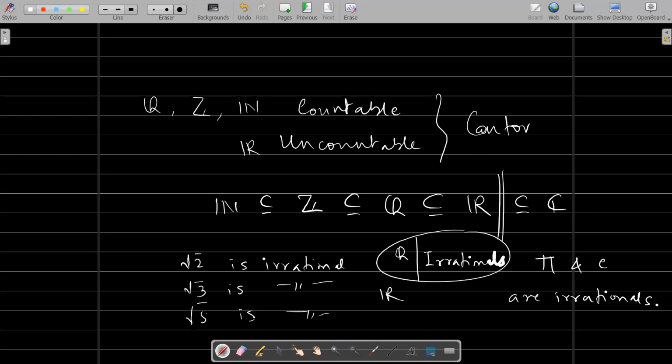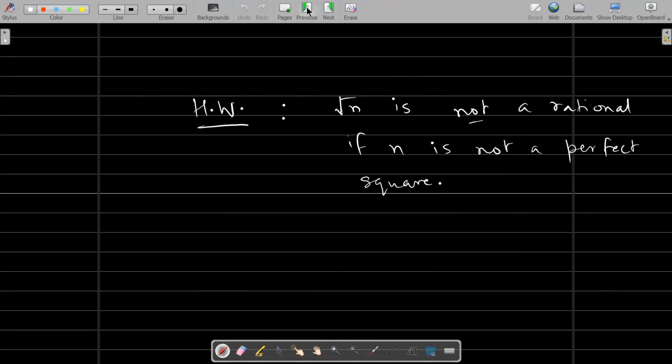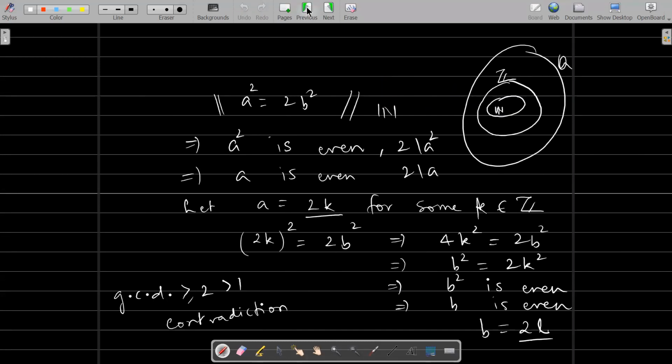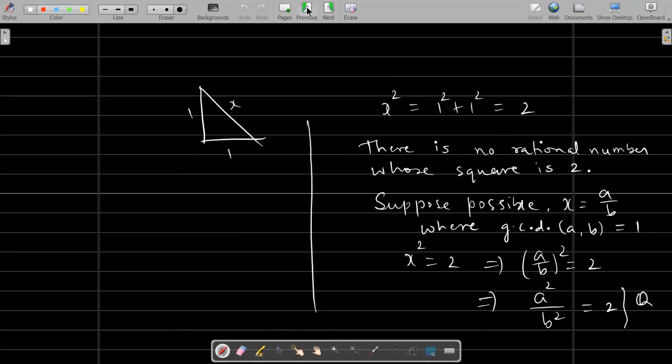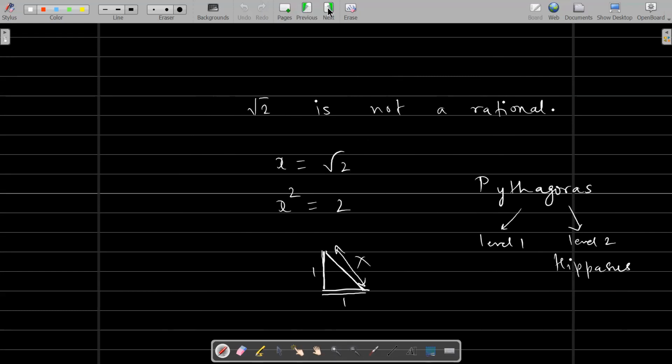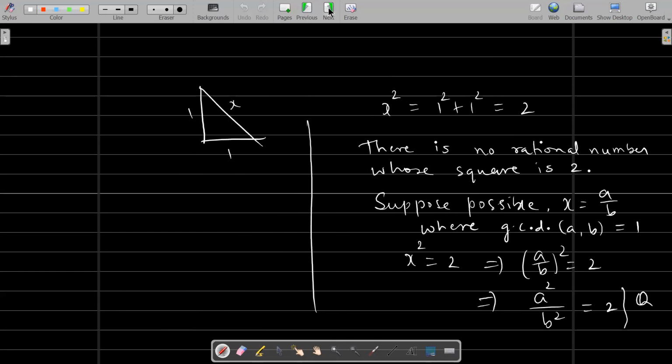Sir, why is 2 irrational? No, 2 is not irrational. Root 2. I mean, why is the square root of 2 irrational? That we proved, because it is not a rational. We proved it. Root 2 is not a rational, right?